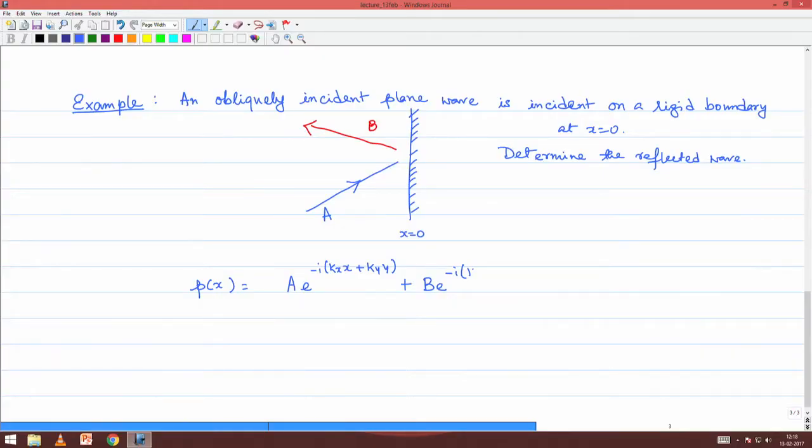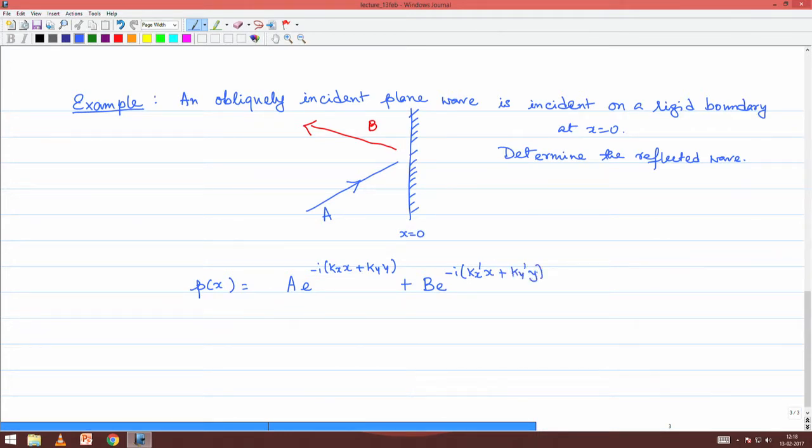Now, the direction of travel of the A wave and the B wave cannot be the same, because one is incident as is shown in the diagram and the other is reflected. So, the reflected wave and the incident wave have got to be different, at least in direction. So, let us choose components which are different. The components of the reflected wave I will denote by k_x prime and k_y prime.